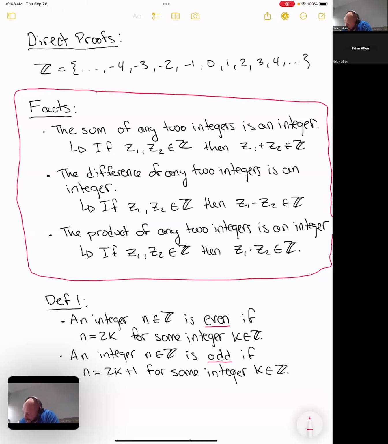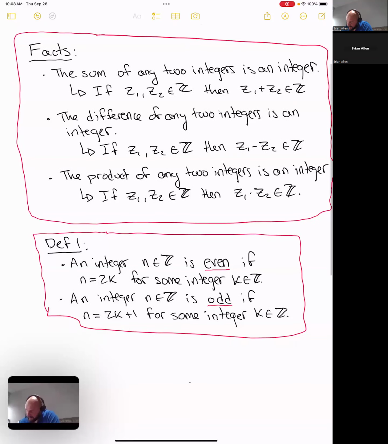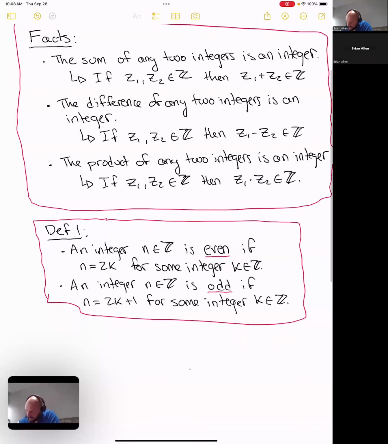And the third fact, you could say that the integers are closed under multiplication. So these are important facts about the integers, which are not always true for every set. But for now, I don't want to go too far into that concept necessarily. I just want to have these facts so that we can prove some things about odd and even integers.